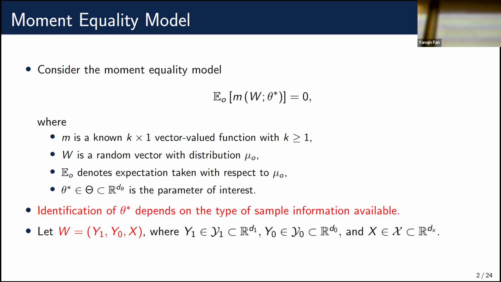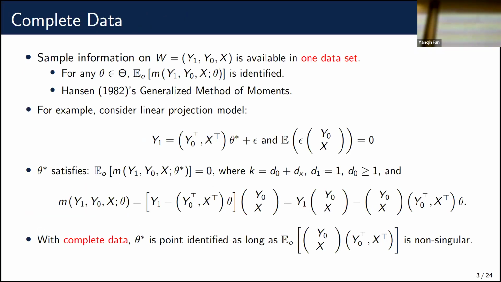So in standard econometrics textbooks, what we assume is that we have complete data. What do I mean by having complete data? Remember there are three components of W, but all three components are observed in the same data set.